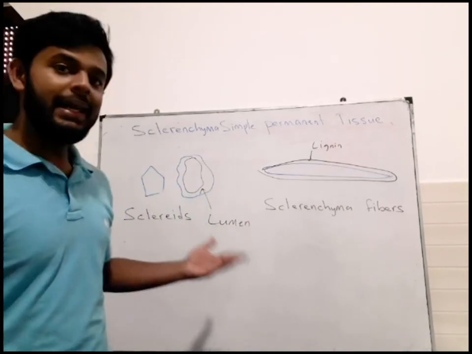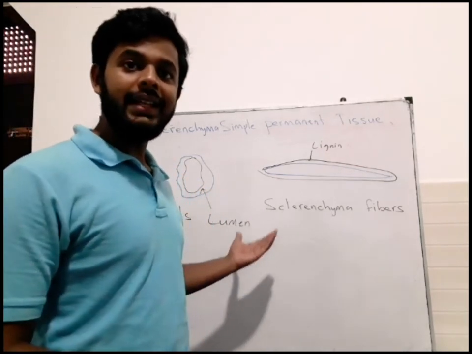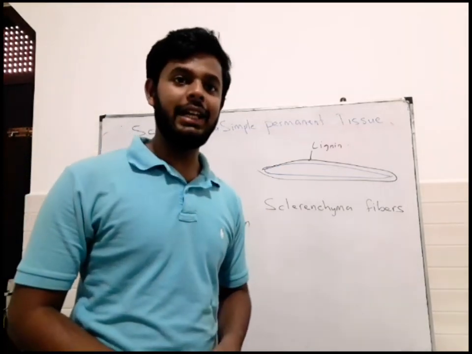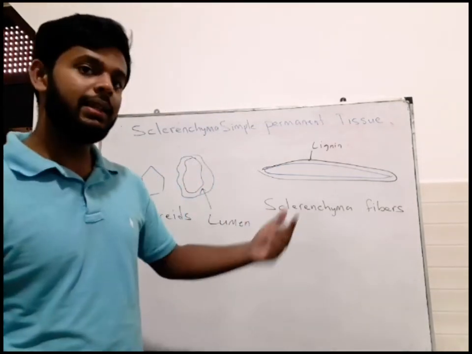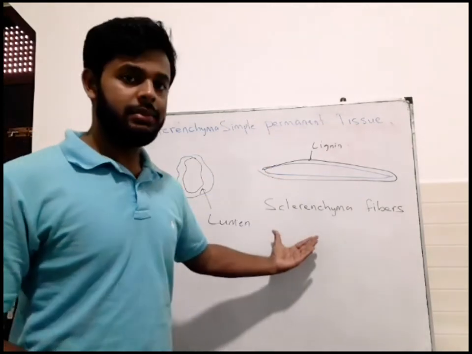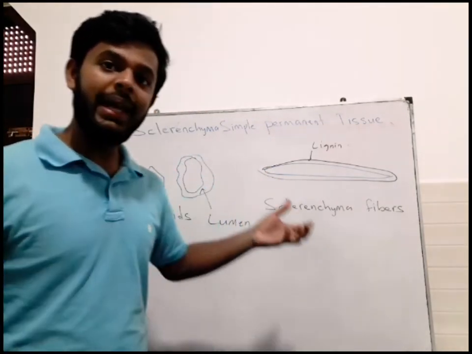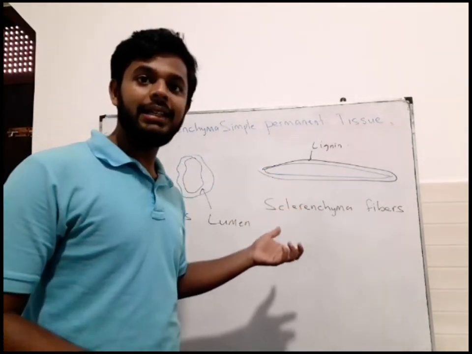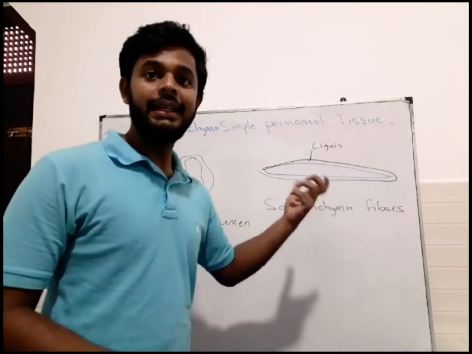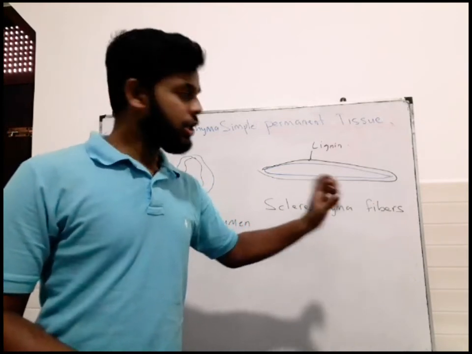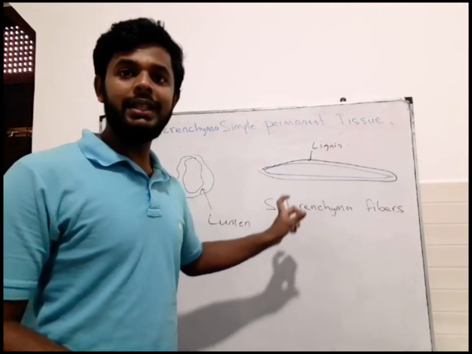Then we look at some examples where sclereids and sclerenchyma fiber cells are available. Sclerenchyma fibers are mainly present in xylem and phloem, which we consider complex permanent tissues. So xylem and phloem both contain fibers.